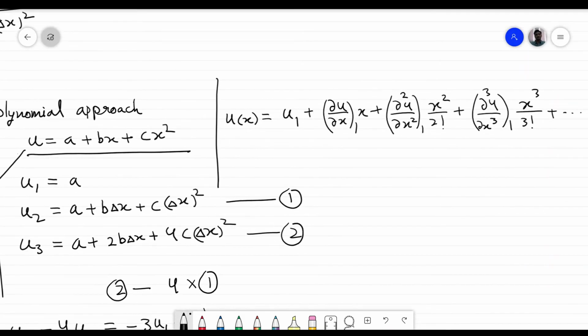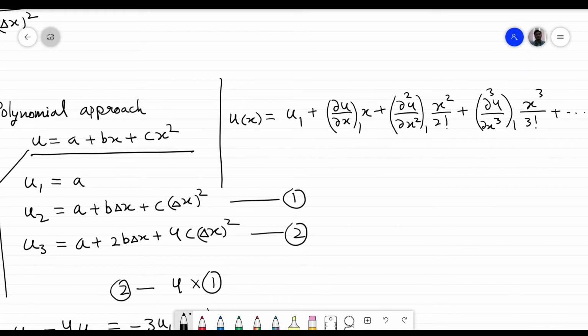Now if you compare this polynomial u equal to a plus bx plus cx square with this Taylor series expansion, then you can see that we have retained only these 3 terms.